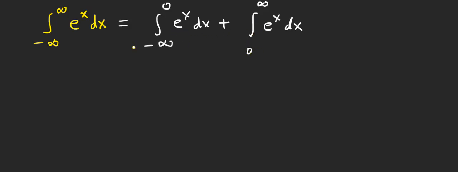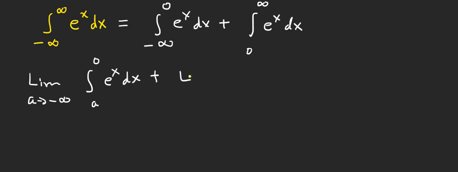Now we have to rewrite this as the limit as a goes to negative infinity of the integral from a to 0 of e to the x dx, plus the limit as b goes to infinity of the integral from 0 to b of e to the x dx.